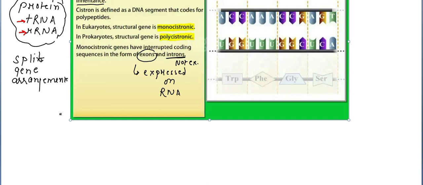And the regulatory sequences are sometimes defined as regulatory genes as well, despite the fact that these sequences do not code for any RNA or protein. So gene is used as a general term for DNA sequences. Sometimes the term gene is used for non-coding sequences also.